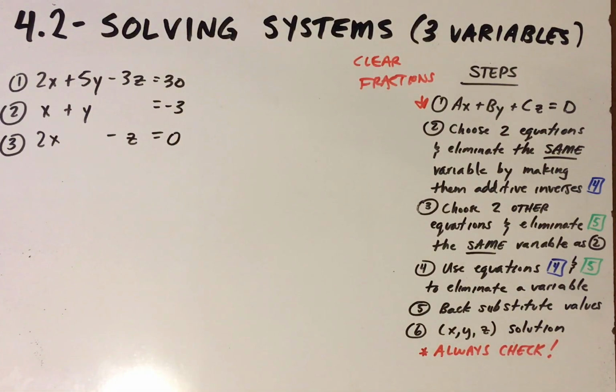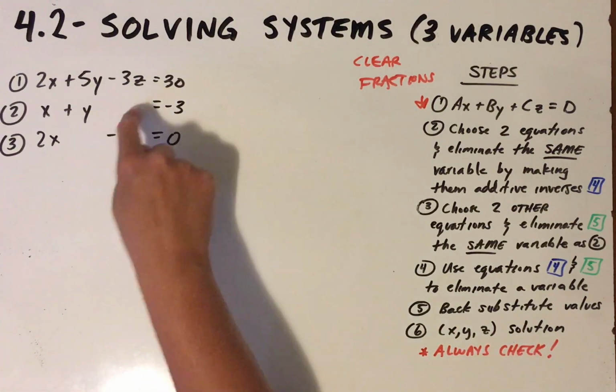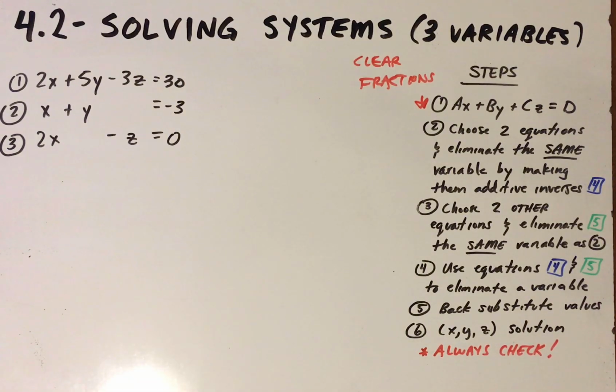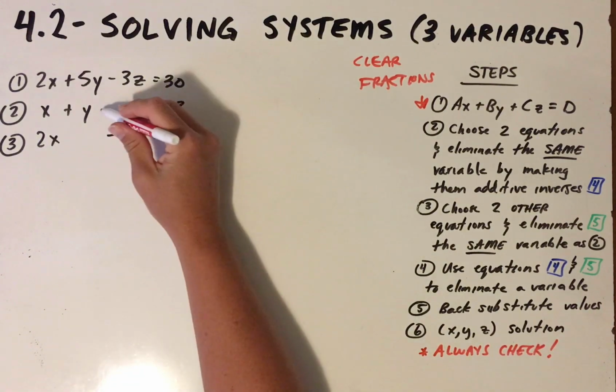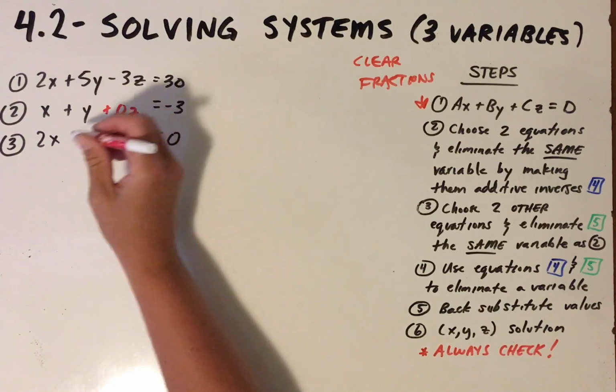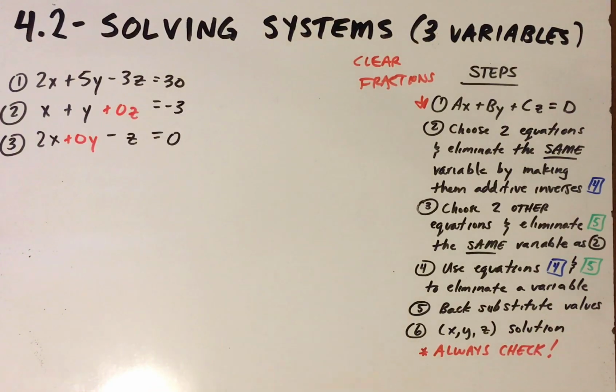So this one doesn't have a y, this one doesn't have a z, and that kind of makes it maybe a little confusing. Well, they're all in this ax plus by plus cz format. You can just think of this as having a plus 0z and a plus 0y.